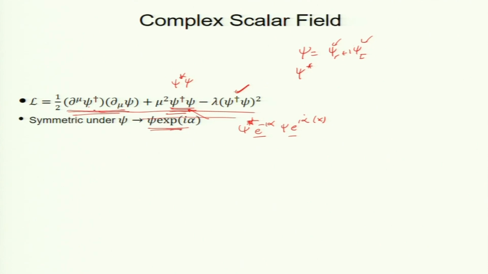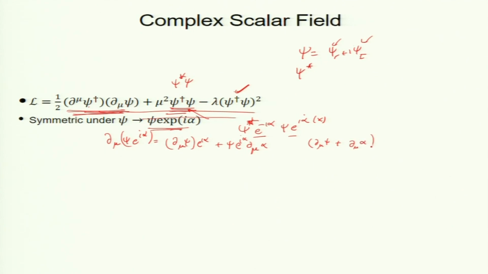What about these terms? You can look at it here. Del mu of psi e to the power i alpha becomes e to the power i alpha times del mu psi, plus, since del mu will also act on e to the power i alpha, a term with del mu alpha.